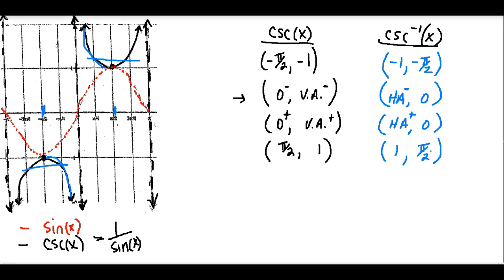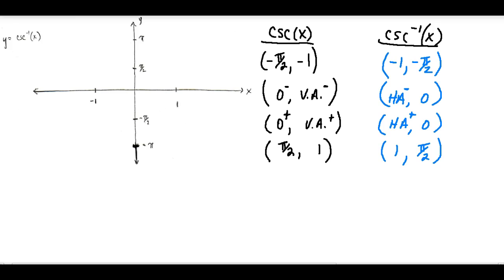And so now that we sort of know what portion of the cosecant function we're actually using and the points, we're now going to produce the Cartesian plane for the inverse cosecant function, and then plot the points and graph. So now that we have our Cartesian plane up for the inverse cosecant function, we will go ahead and plot our points and then figure out how the profile of this graph looks.